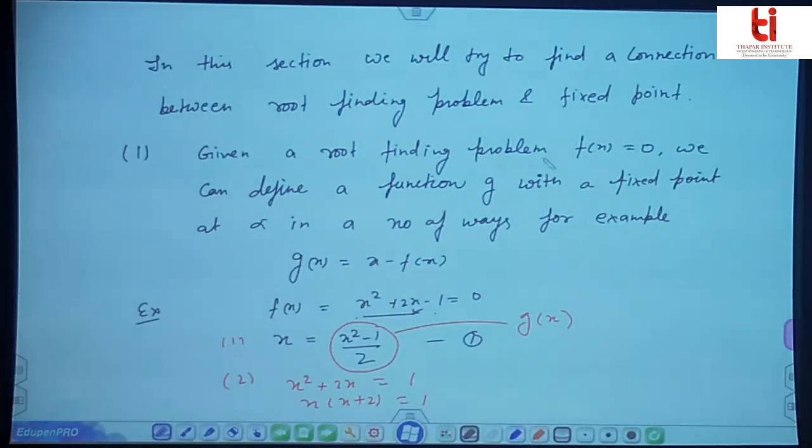Given a root finding problem f(x) = 0, we can define a function g with a fixed point at alpha in a number of ways. For example, g(x) = x - f(x). This is only one procedure. Otherwise, we have given this example f(x) = x² + 2x - 1. Here we have computed x as (x² - 1)/2.